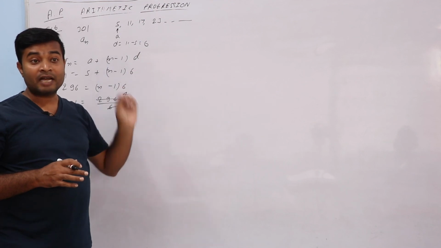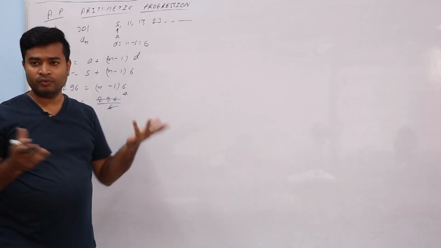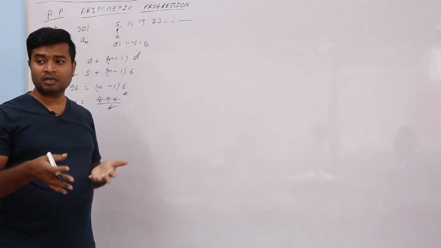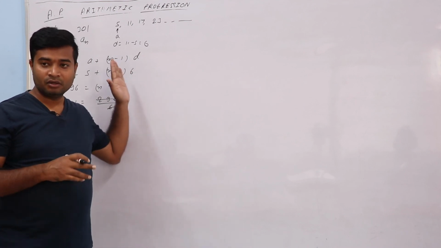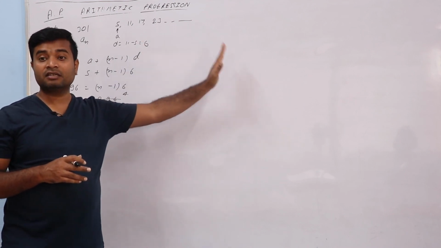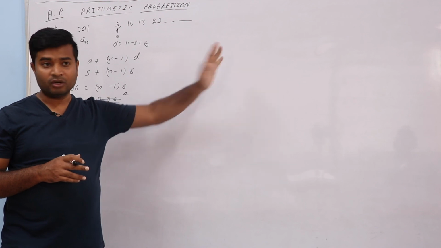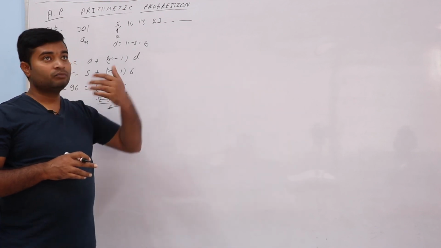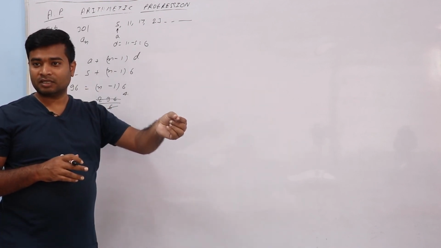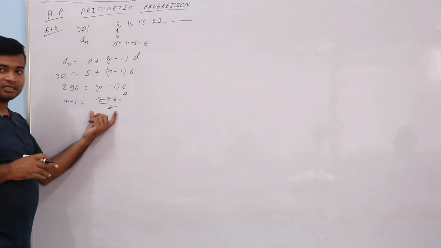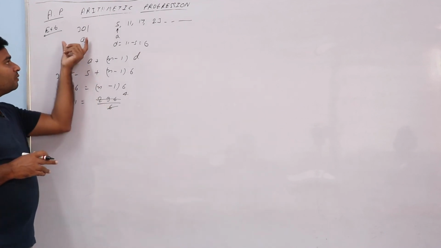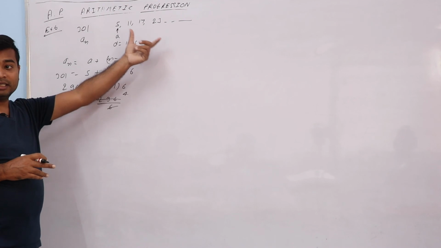We can't say the 5.4 term will be this much. We say fourth term, fifth term, sixth term, seventh term, not 4.2 term. Here the answer is coming in decimal, so 301 will not at all come in this AP.